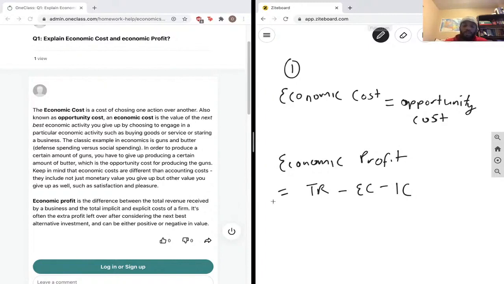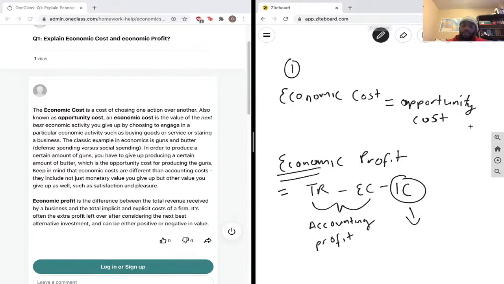So normally this would just be accounting profit, which tells us total revenue minus explicit costs. Now the reason it becomes economic profit is because of this right here, the implicit cost. And another word for implicit cost is also opportunity cost. So your implicit costs are the same thing as your opportunity cost.